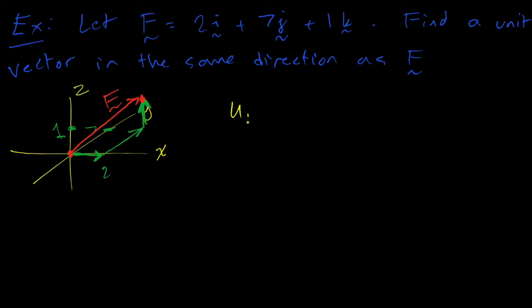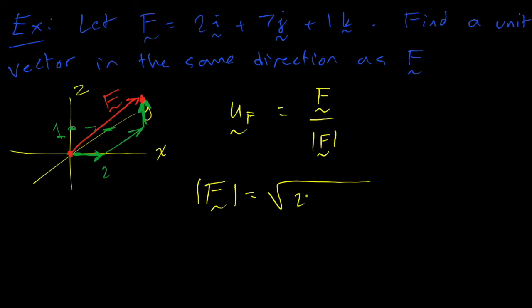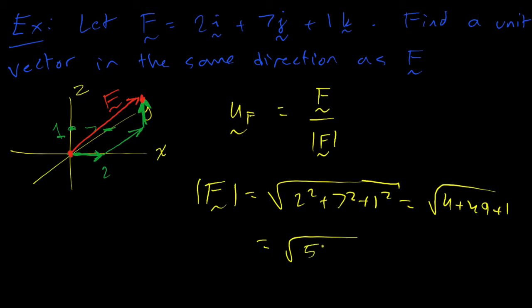So to get the unit vector f, we want vector f divided by its magnitude. We don't know the magnitude of vector f, but we can calculate it, so let's do that. We have 2 squared plus 7 squared plus 1 squared, which gives us 4 plus 49 plus 1, which is the square root of 54.